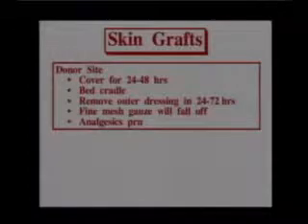So let's talk about nursing care for both donor and recipient sites. The donor site will be covered usually for a day or two, 24 to 48 hours. Now, a bed cradle might be used. A bed cradle is a device that usually tucks into the sides of the mattress and goes up over.